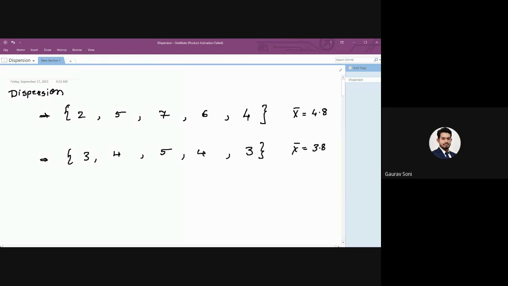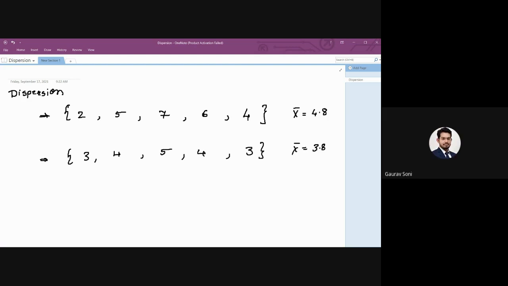Can I make a statement in the first one? Almost everyone is having height nearly 4.8. Can I make the statement that everyone in the second set is having height nearly 3.8?